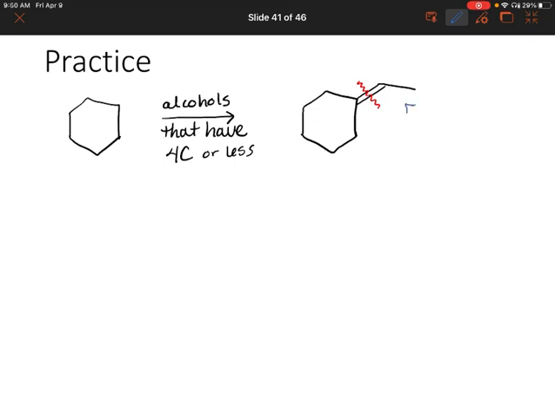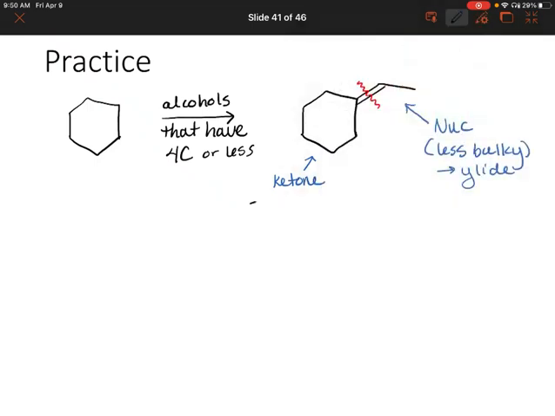So the right-hand side is going to be our nucleophile. So that will be our ylide, or I guess it will be part of our ylide. And the other side is going to be our ketone.